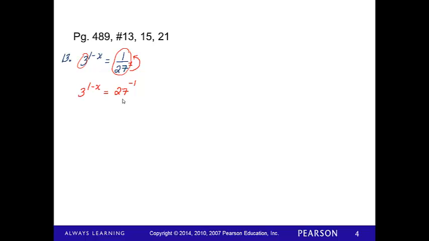Okay, so now I have everybody in the numerator. The next step is to have them be equal bases. Well, this is a 3, so I can't really change him, but can't I write 27 as 3 raised to some power?